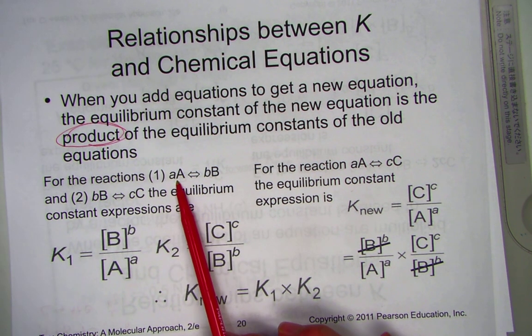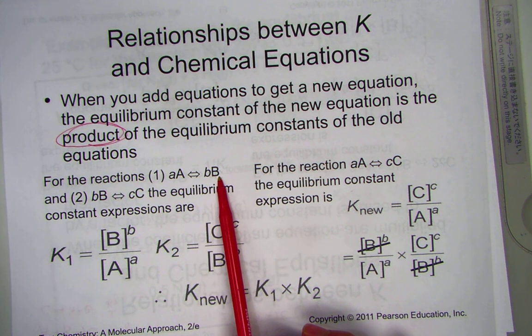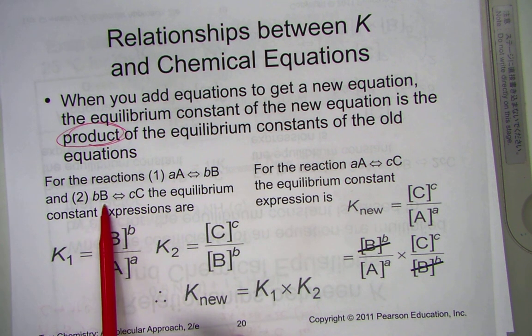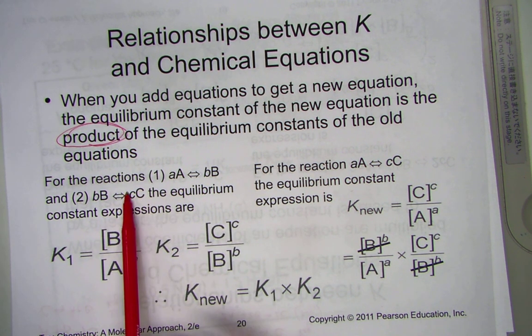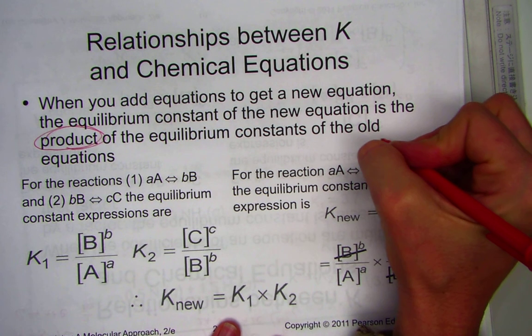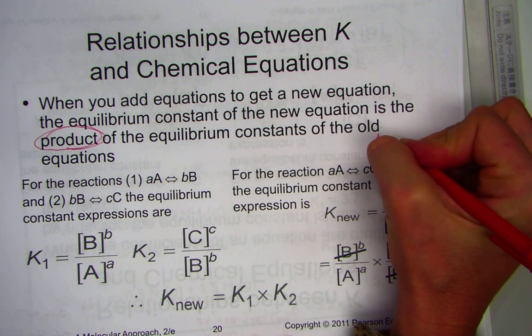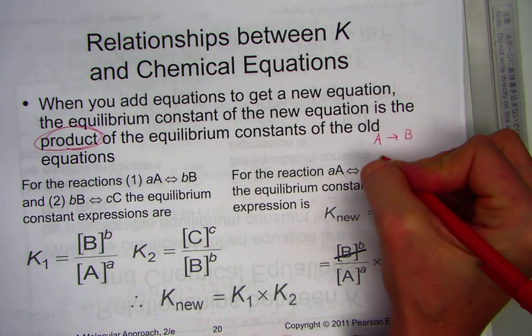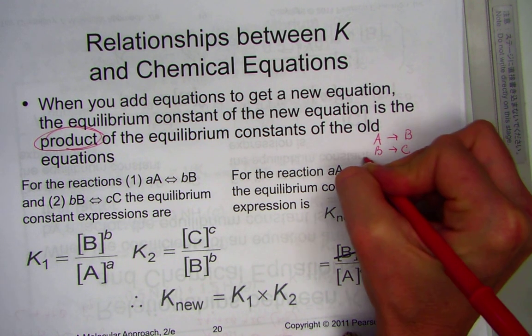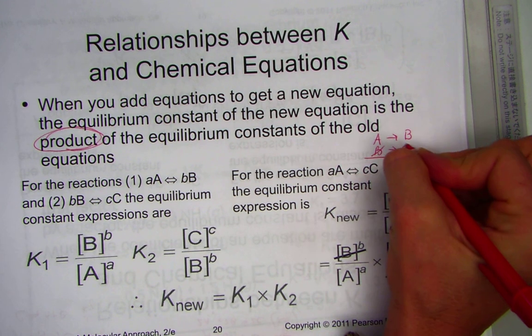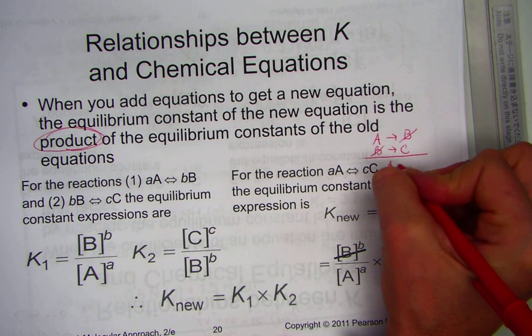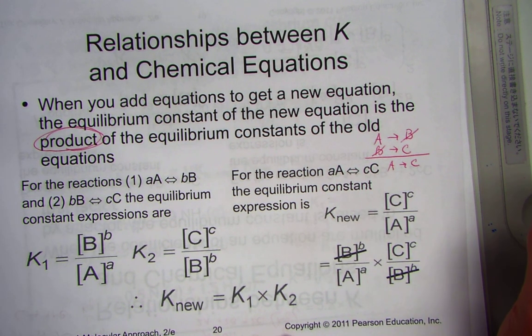For the reaction A goes to B, and the reaction B goes to C, reaction 1 is going to be added to reaction 2. Now think about that in terms of Hess's law. If A goes to B and B goes to C, and I add those together, notice that B's will simplify, and the sum of those would be A goes to C.